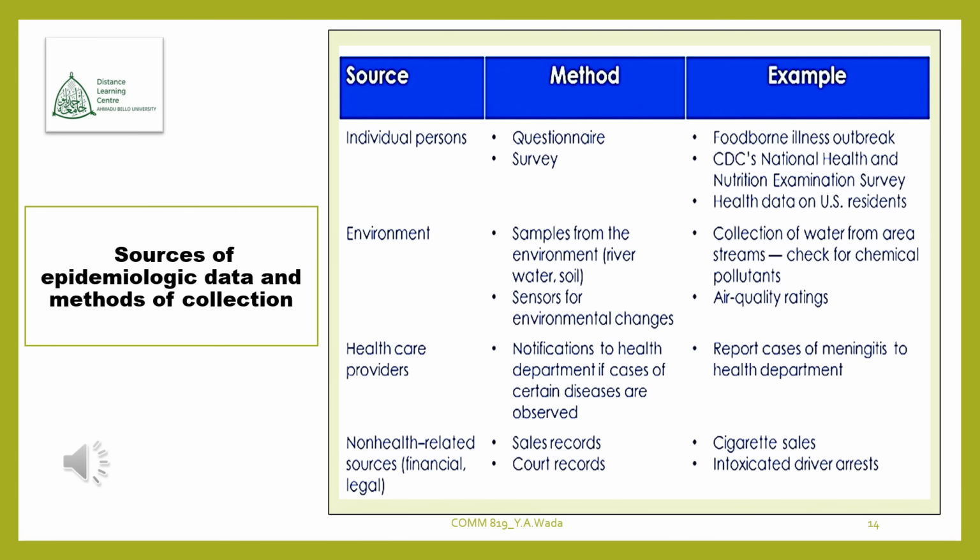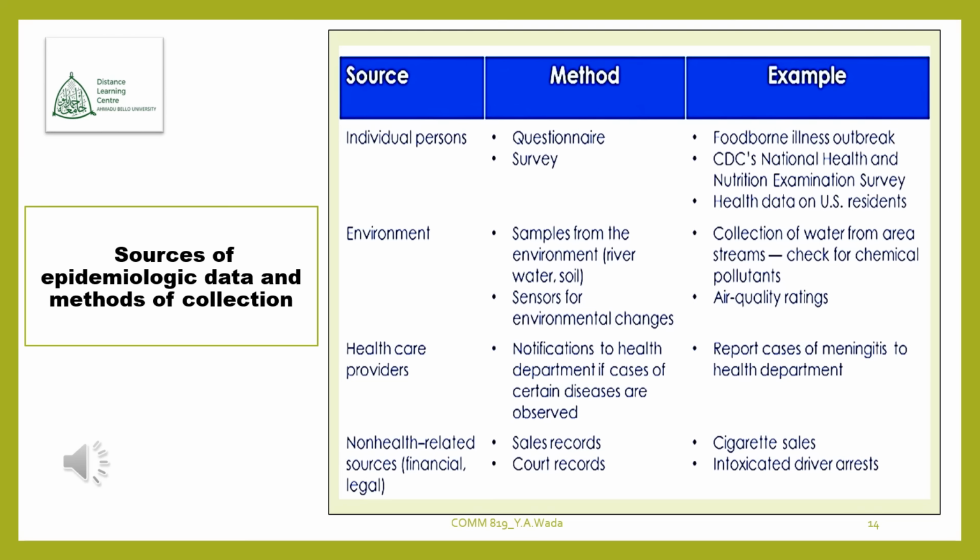All right. So now that we know what an epidemiologist does, let's turn now to the sources epidemiologists use, the methods they use to collect data. Where do all of the data come from that epidemiologists use, and how are they collected? Here are some methods and examples for each of the main sources of data. The first one is that we often collect data from individuals by using questionnaires and surveys.